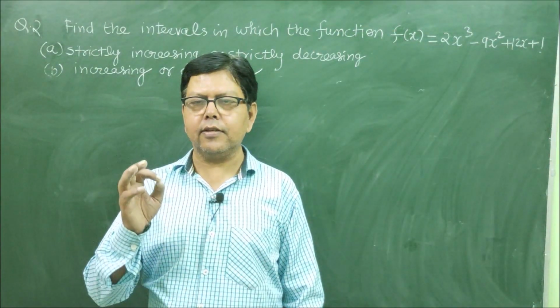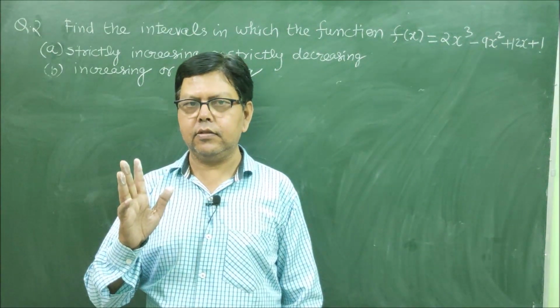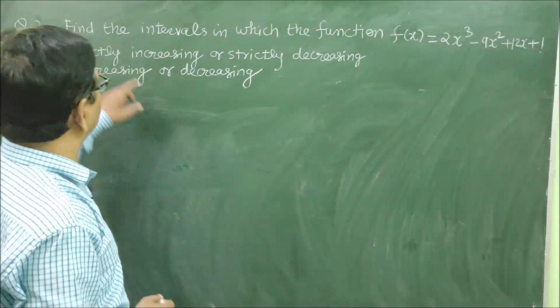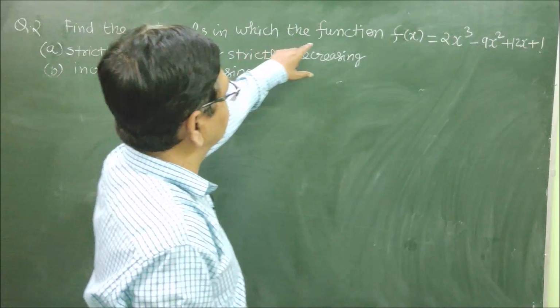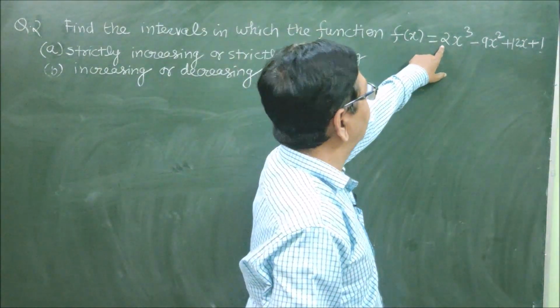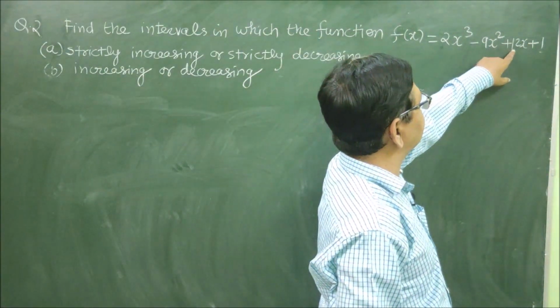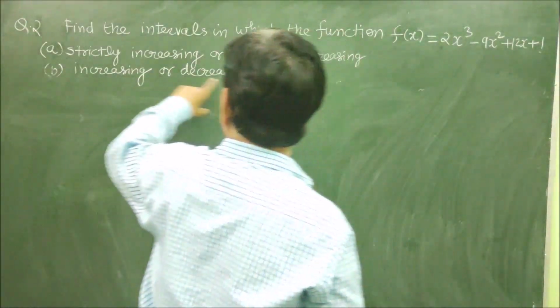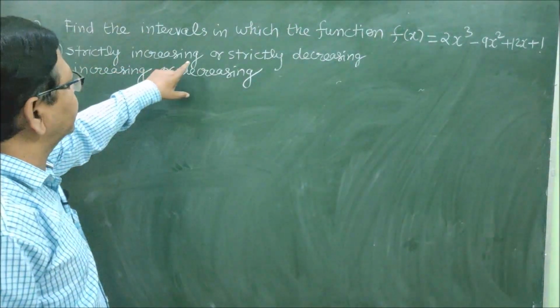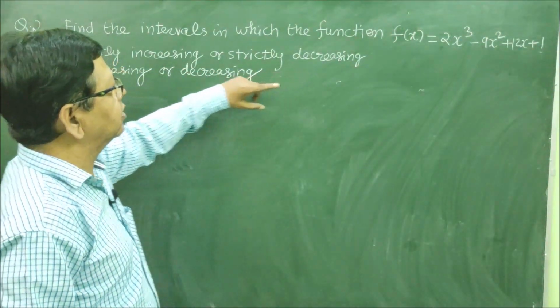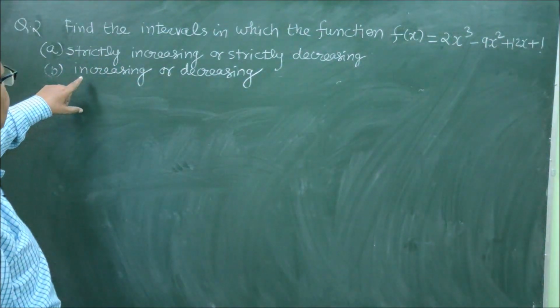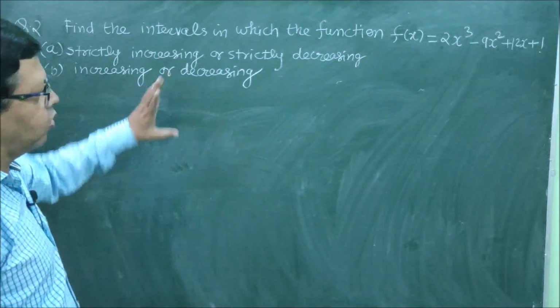Next question, let us consider a cubic function, and for the cubic function find the interval in which the function f(x) = 2x³ - 9x² + 12x + 1 is strictly increasing or strictly decreasing. Second, increasing or decreasing.